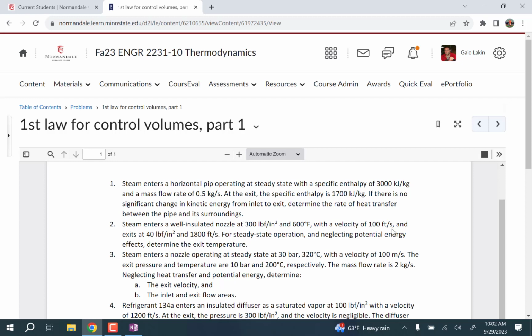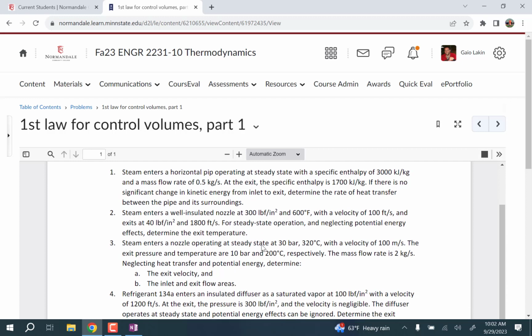And it gives us a speed coming in, and then it gives us a pressure and a speed going out. And we want to figure out the exit temperature. We're ignoring any height differences. Okay. Well, let's just start going through this equation.